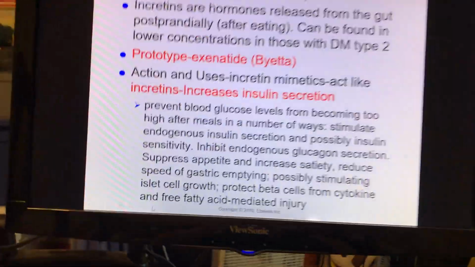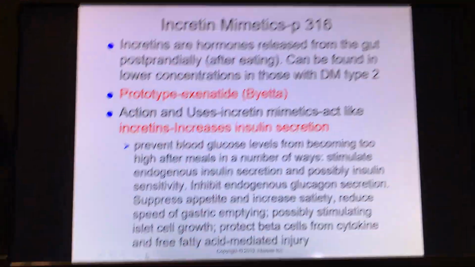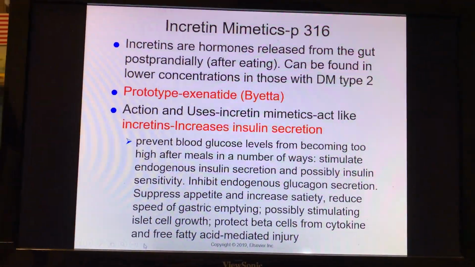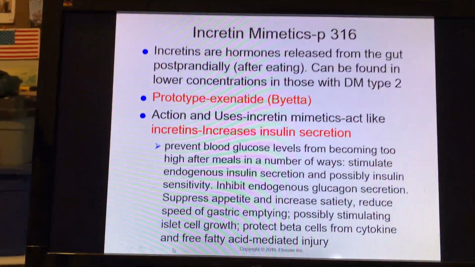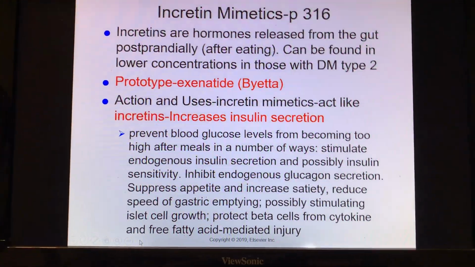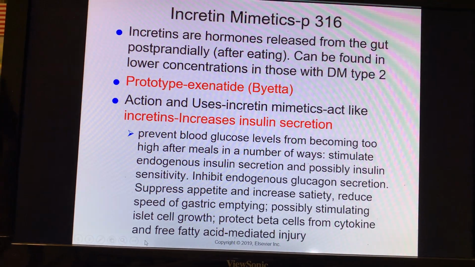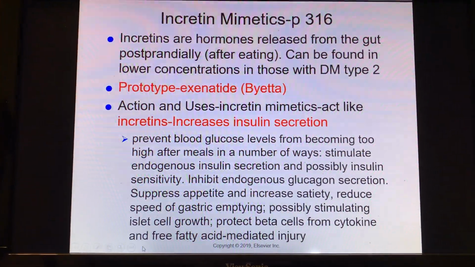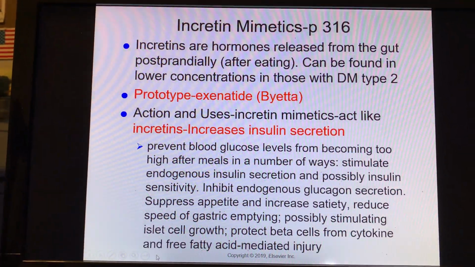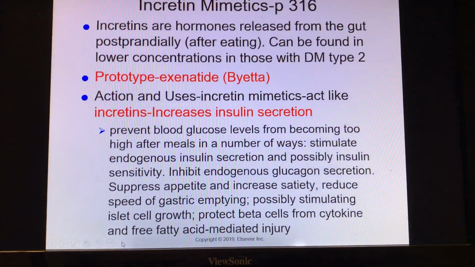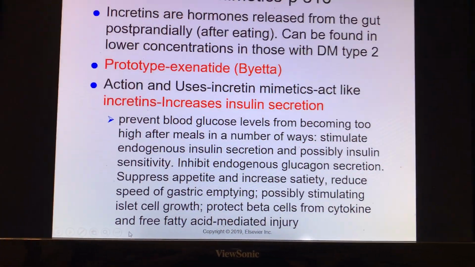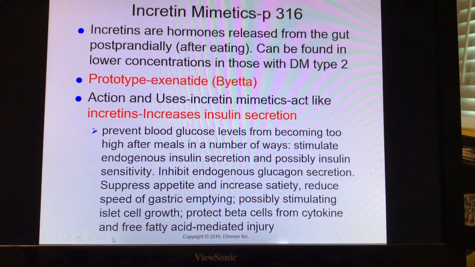So they started studying it, trying to figure out how they could use that to their advantage. And so, as with anything animal related, you look at the components of the particular substance, you reproduce them in a lab, see if you can make them synthetically, and voila, you might have a new med.